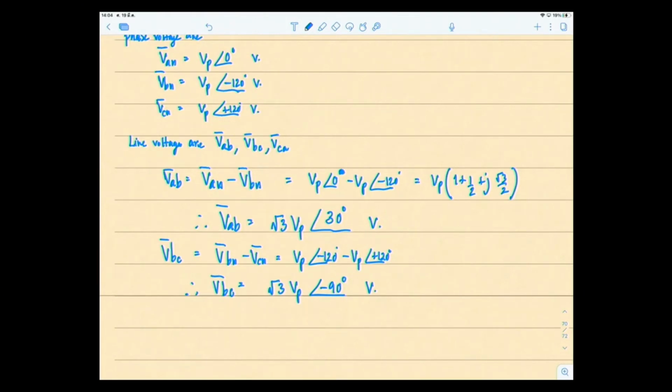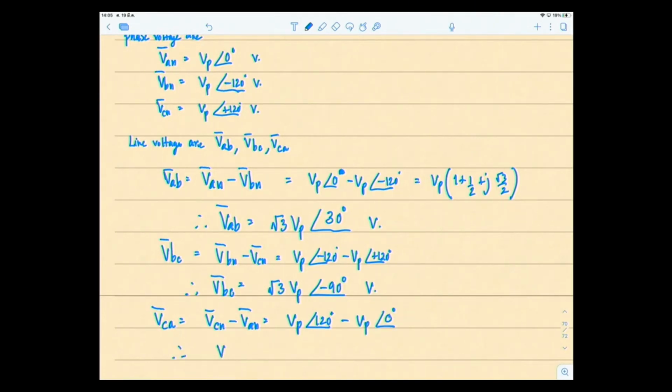Next is VCA, walking from point C to point A. You pass VCN and then minus VAN. So it becomes V phase at plus 120 degrees minus V phase at 0 degrees.